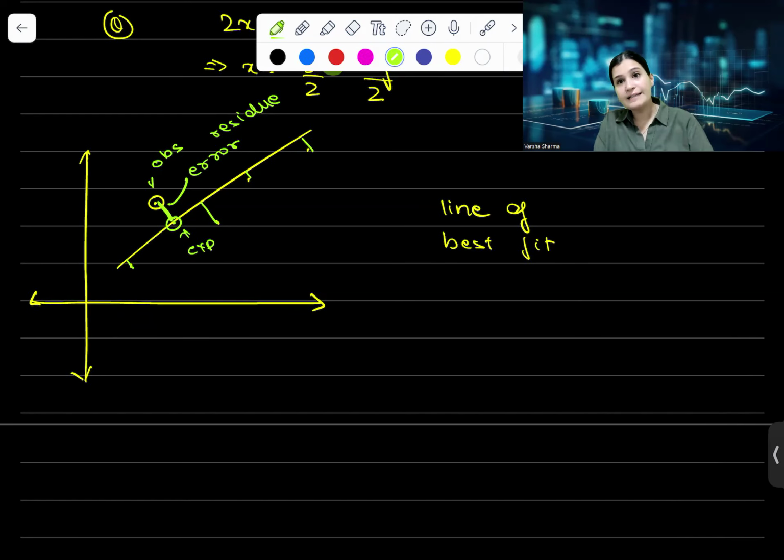The method through which we find this is known as the method of least squares. We won't use this method directly, we'll have a formula. This method helps us to find the line of best fit, or the regression line, through which we will be able to find one variable when the value of the other is given.